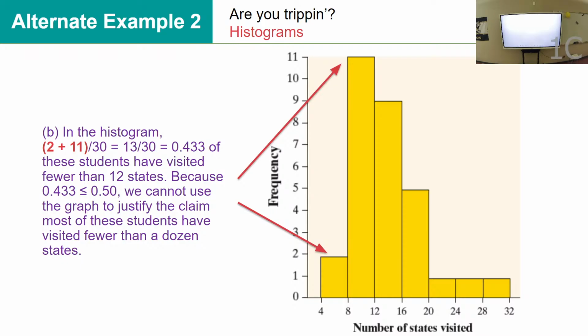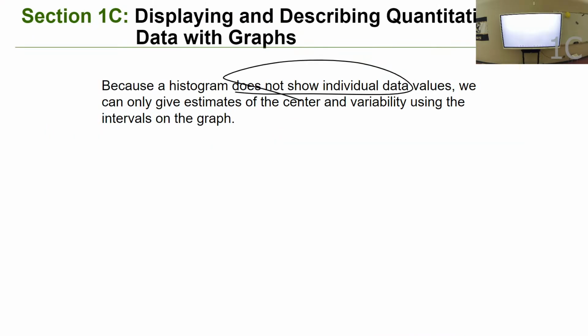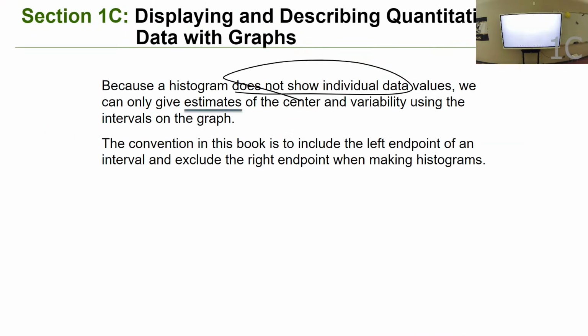Histograms do not retain the original set of data, and they're going to try to get you on that. They're going to try to talk about the maximum and the minimum or the range. The range is the maximum minus the minimum, and they're going to try to tell you that the range is that value, but you don't know what the range is. You don't have any idea what the range is. So be careful with that, okay? We can estimate the center, we can estimate the variability, but we can't know it.